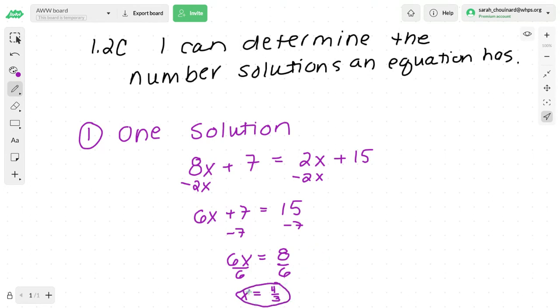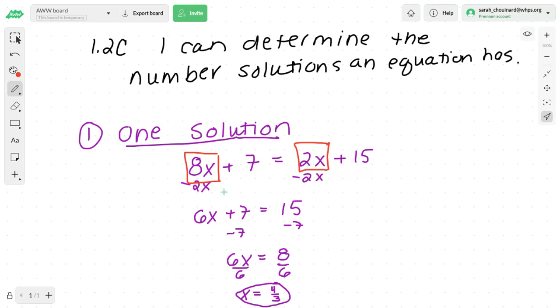Anytime you get x equals a number, that is considered to be one solution. And so we could actually tell at the very beginning that our equation was going to have one solution. The reason why is because the coefficients, meaning the number in front of the variable, are different. 8x and 2x are different.